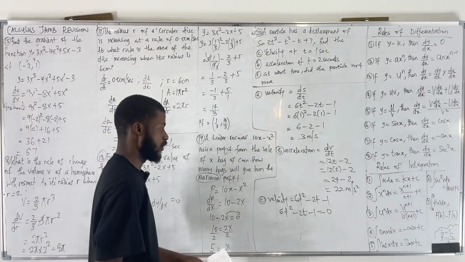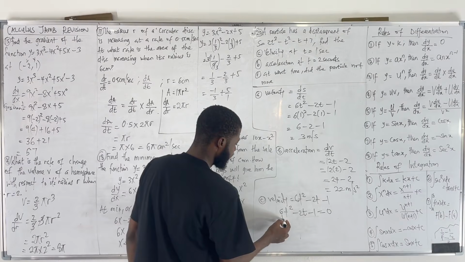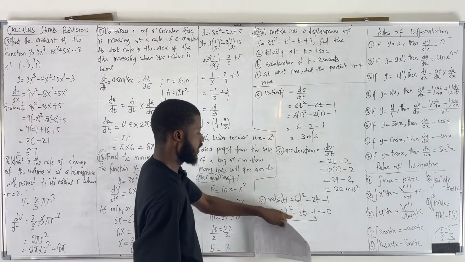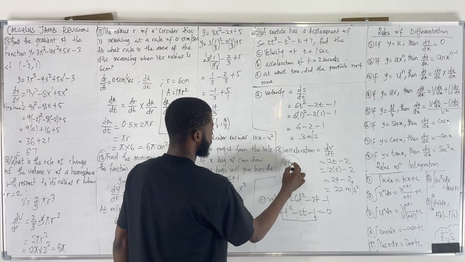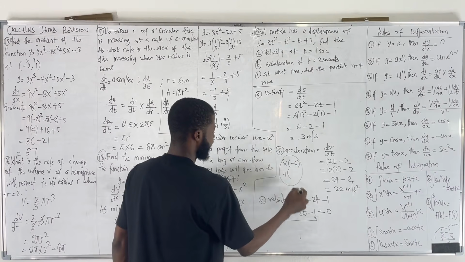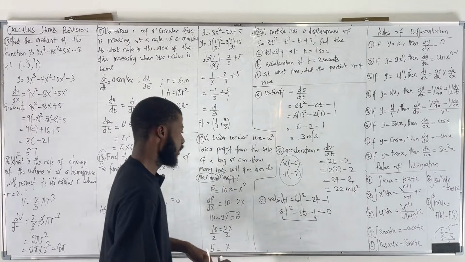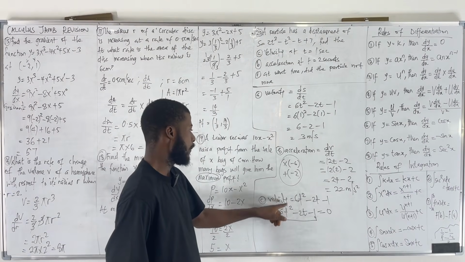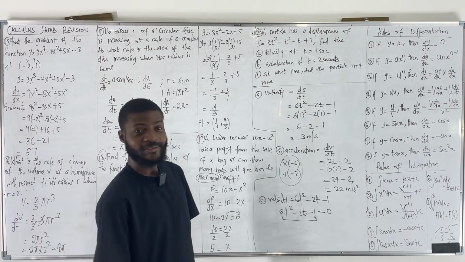There's a shortcut I always use when solving quadratic equations. First of all, this t times the 6 here. 6 times minus 1 is minus 6. So find two things that multiply to give you minus 6 and add to give you minus 2. Is this even possible?